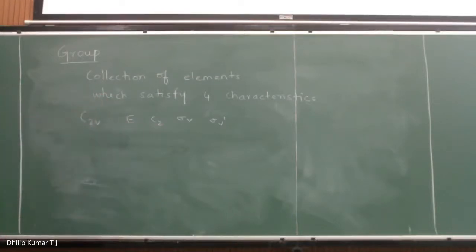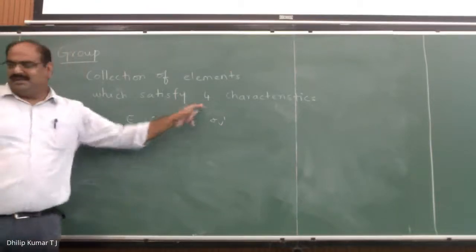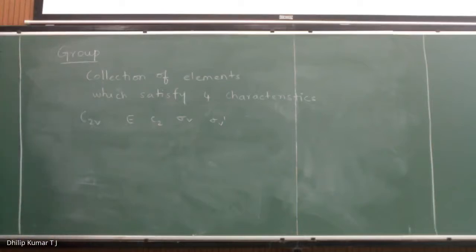The second characteristic is that one element in the group must always commute with the others. The example is identity. Identity commutes with every other element in the group. So that is another characteristic. The third is that the associative law must hold good.